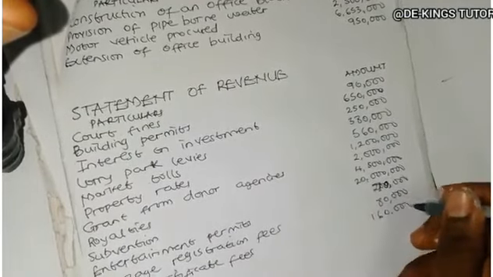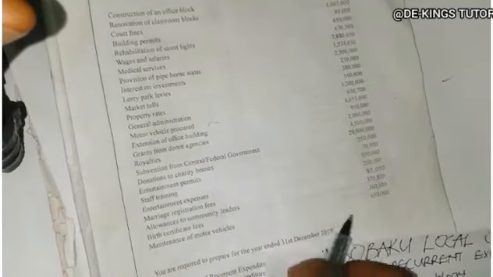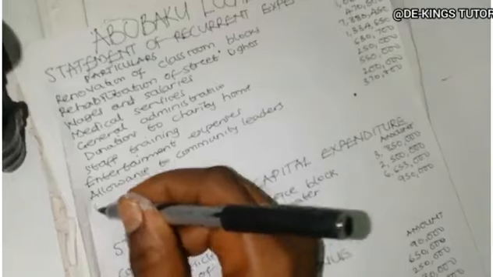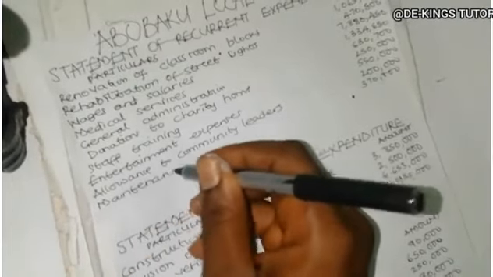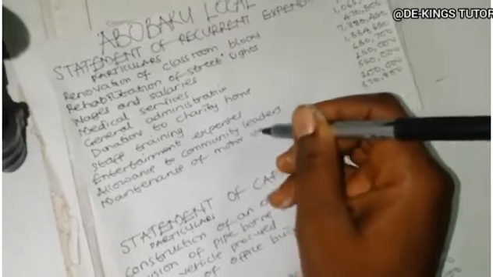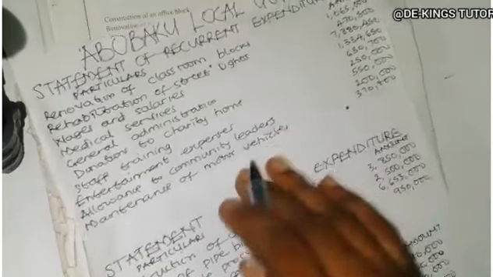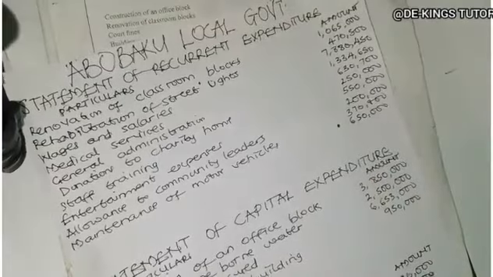While the last one is maintenance of motor vehicle, 650,000. Maintenance can be done regularly, so it is a recurrent expenditure. Okay, that's all.